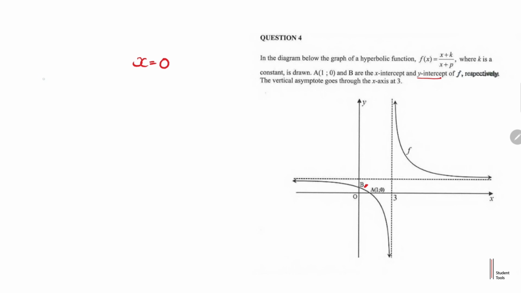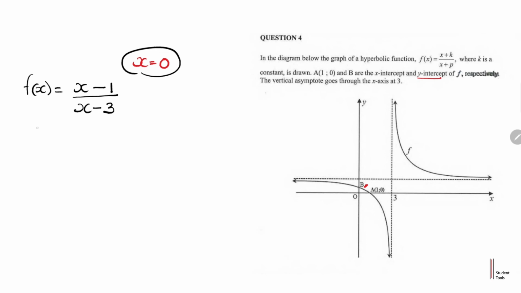Let us write down our function. f of x is equal to x minus 1 over x minus 3, because k is equal to negative 1. We use this information because we're dealing with a y-intercept, so we will make x equal to 0.